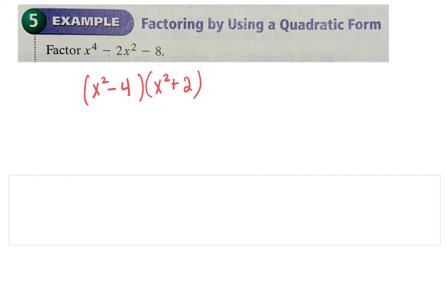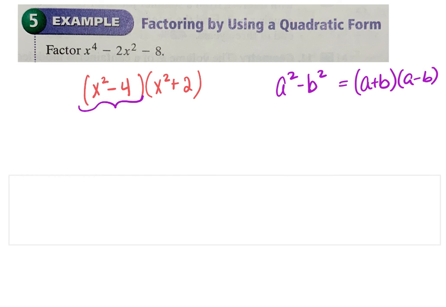Now, when you have higher order, you have to make sure that you cannot continue to factor. Do I have a special case in here that says I can continue to factor? Yes, I have the difference of two squares. So I have a squared minus b squared in here, two perfect squares that are subtracted. My factoring for that is a plus b, a minus b. This guy can still be factored.